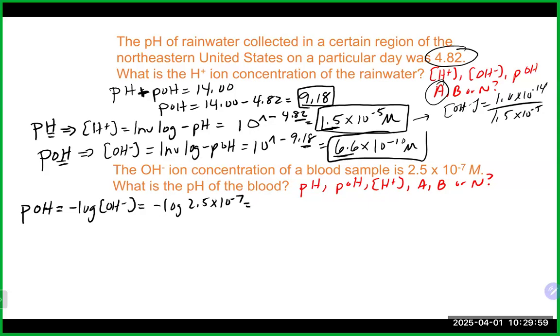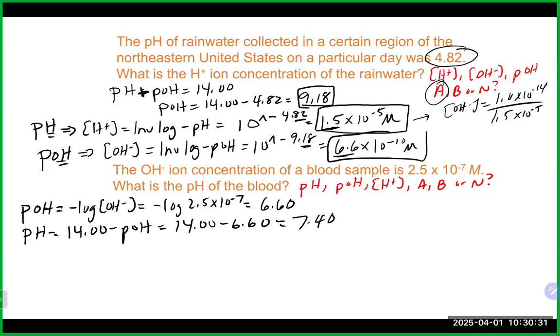And that is going to get you 6.60. At this point, you could also get the pH very easily by just taking 14 minus the pOH, which would get us 14 minus 6.60. And that's going to get us 7.40.